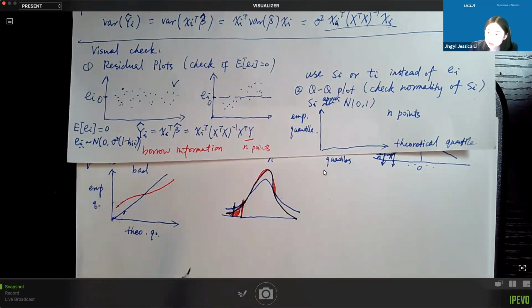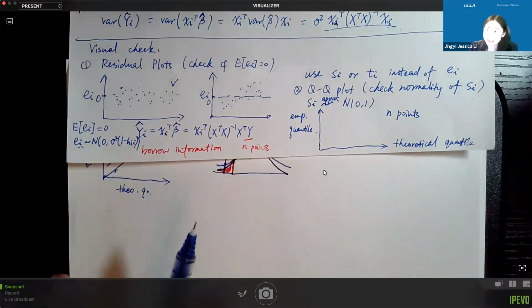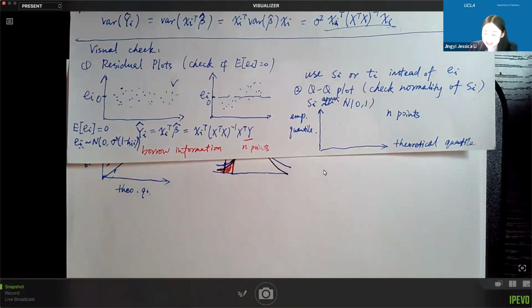But one thing we need to be very certain of is that the KS test is a very sensitive test, which means that as long as the null hypothesis does not hold for sure, that means if your data comes from some small deviation from the null distribution you assume in theory, then as your sample size gets large, you will reject the null for sure.